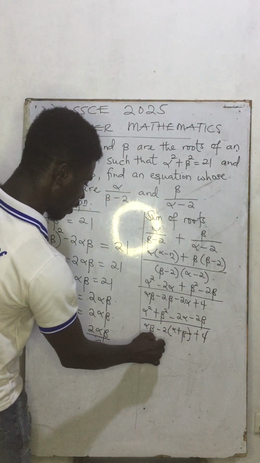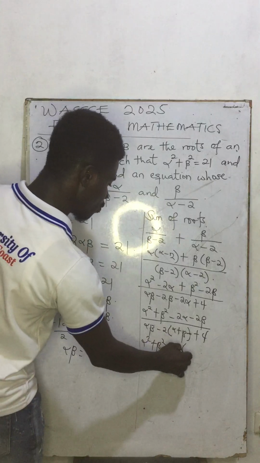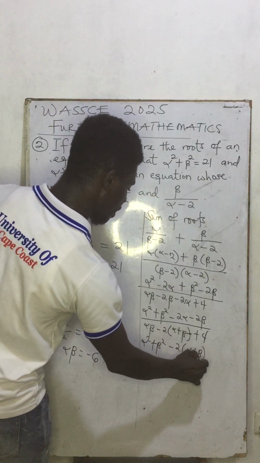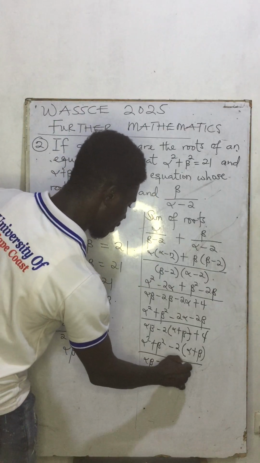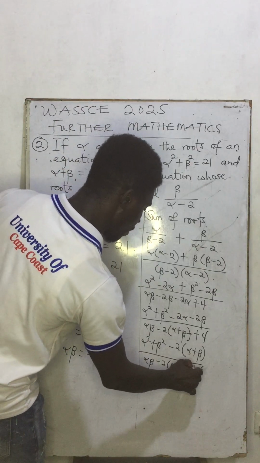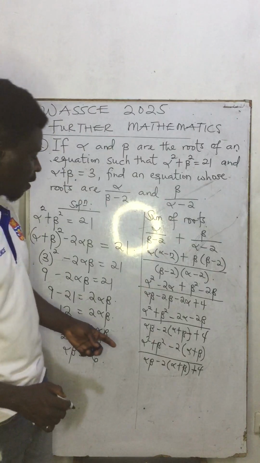Alpha squared plus beta squared, minus 2 out, we get alpha plus beta here, all over alpha beta minus 2 times alpha plus beta plus 4. So now we substitute.